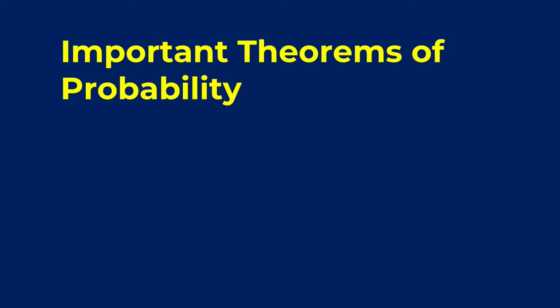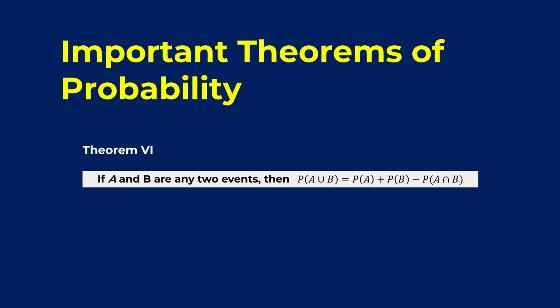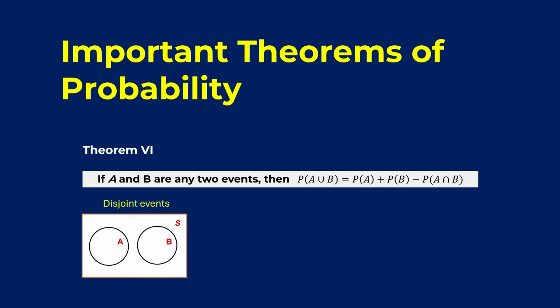Theorem 6 states that if A and B are any two events, then the probability of A union B is equal to the probability of A plus the probability of B minus the probability of A intersection B. Let's look at the Venn diagram for disjoint events, or mutually exclusive events.